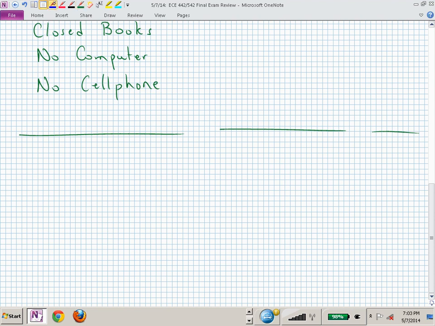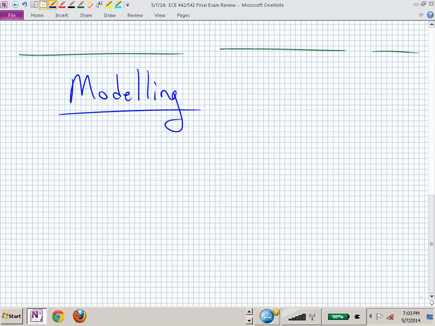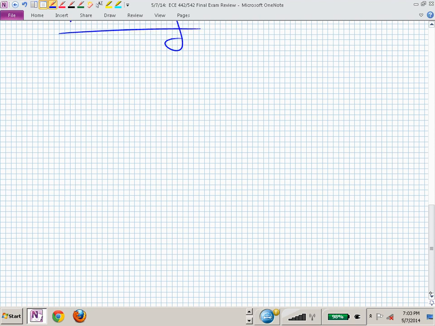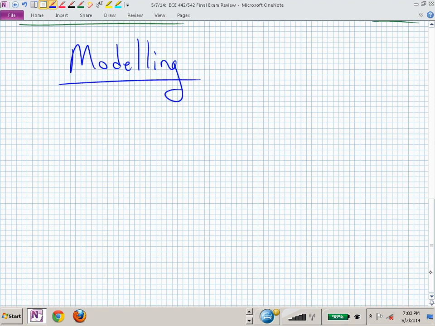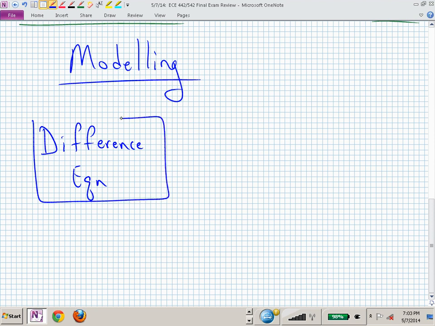Now, in terms of the class, one big piece is modeling. By modeling, I mean you need to be able to model these systems in many different ways and move back and forth between those ways. You need to be able to work with difference equations and maybe put that into an all delay block diagram.